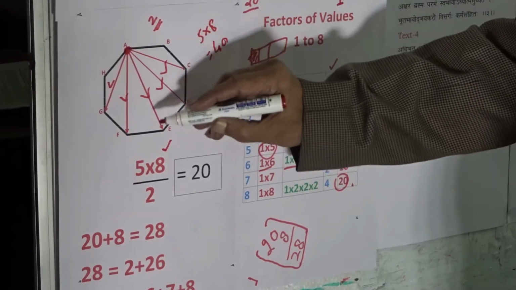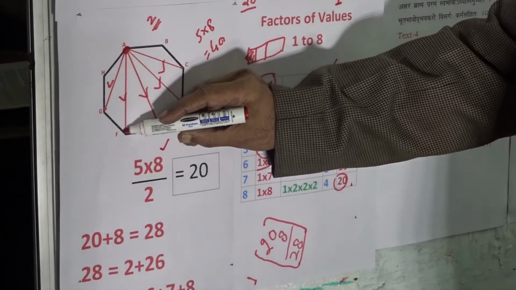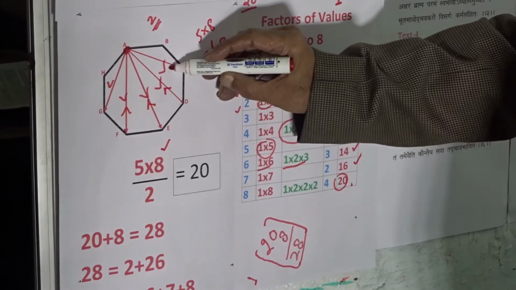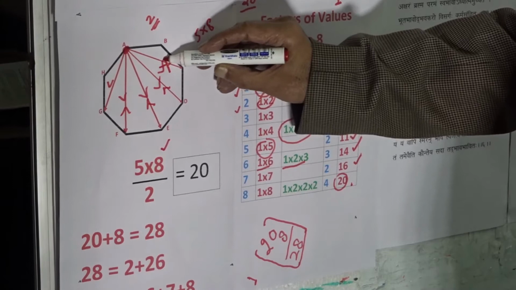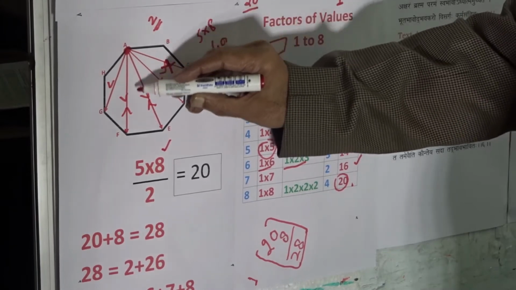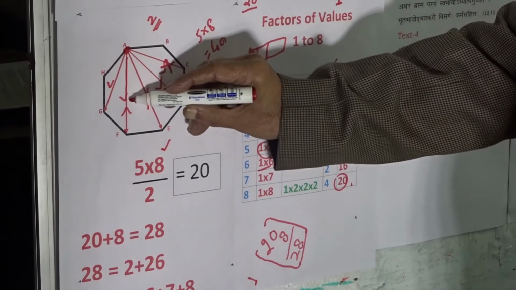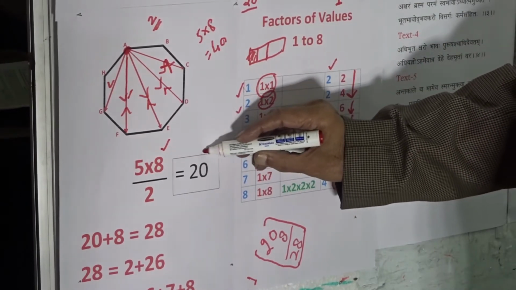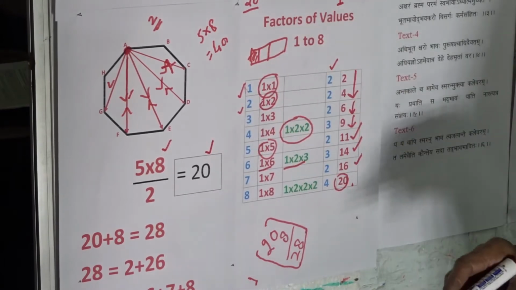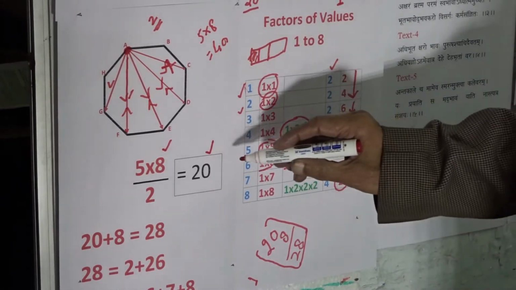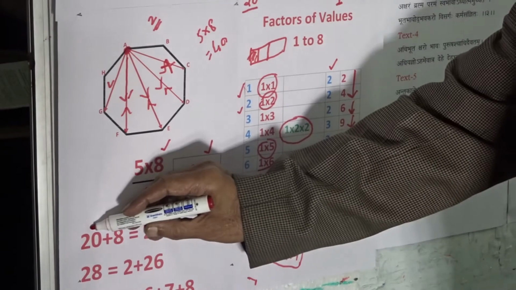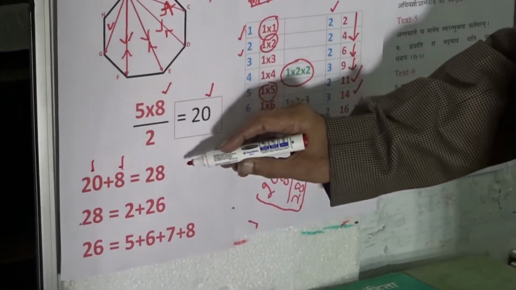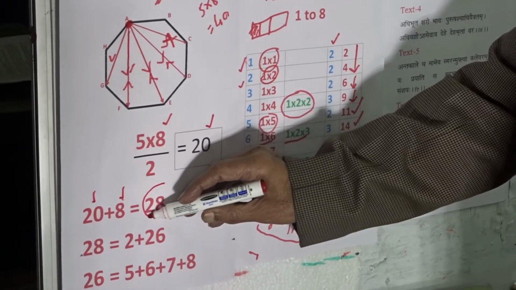However, we know that each diagonal is having a pair of orientations. Therefore, the superimposition of the orientations because of the spatial order will lead to 20 internal diagonals. These 20 internal diagonals plus 8 sides of the polygon will make value 28.